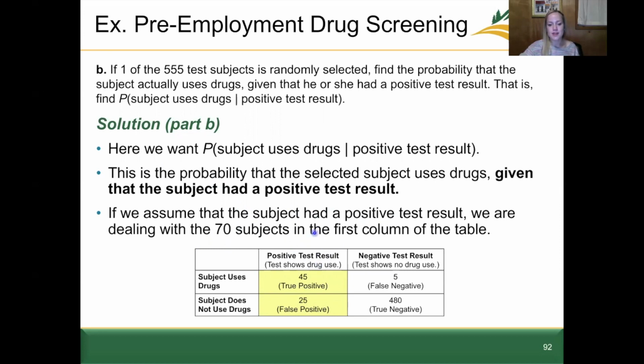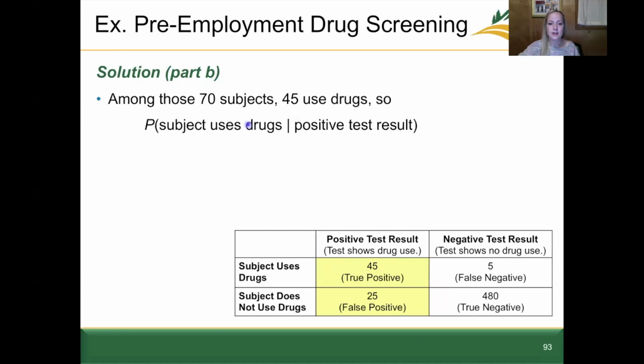So it's contingent that they had a positive test result. Remember our notation here, so the probability that the subject does use illegal substances given that they had a positive test result. Because this is our event A, then event B is contingent on this being true.